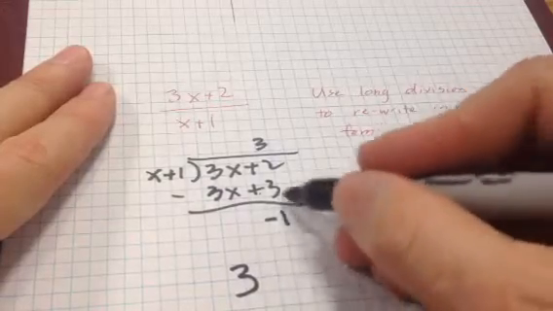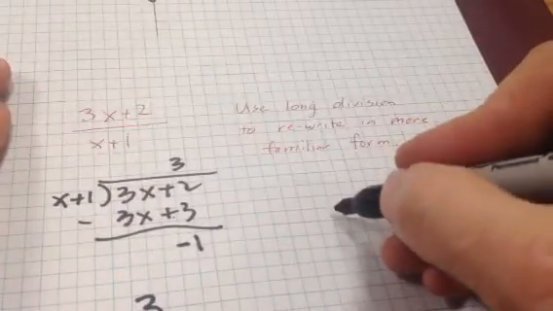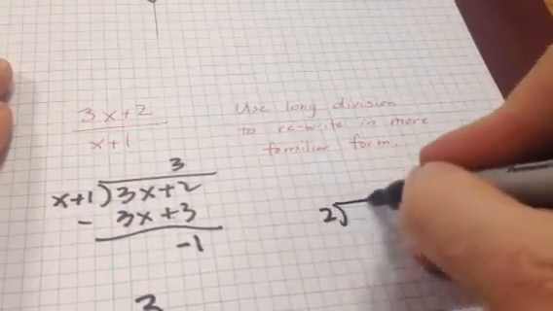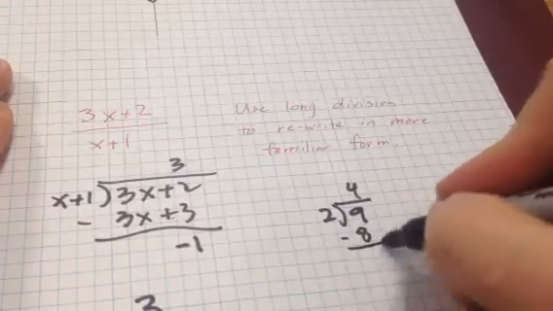And then the question is, do I just write remainder -1? And we don't. We have to remember a trick. If I did 2 into 9, I'd be like, well, that's 4. It's 8, minus 1, and it's 1.